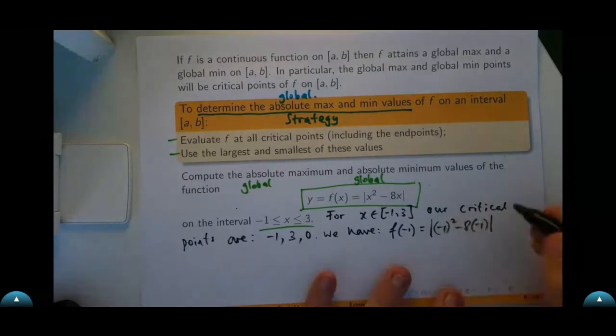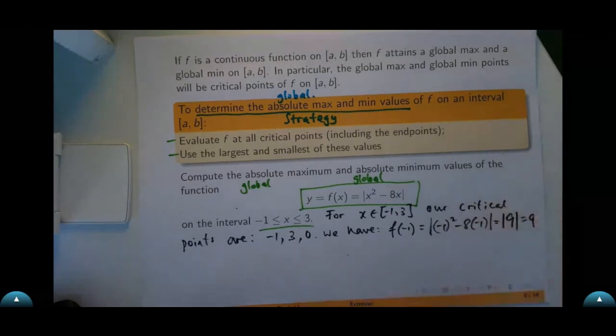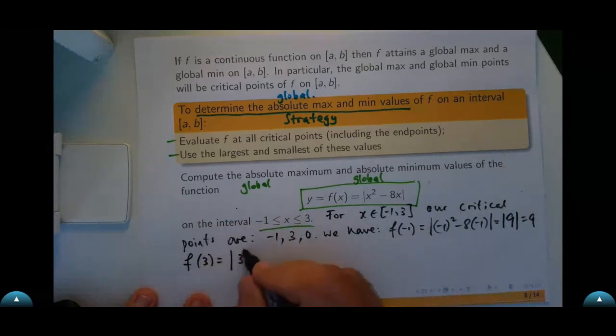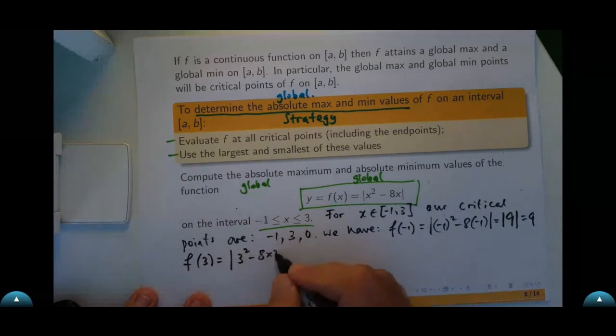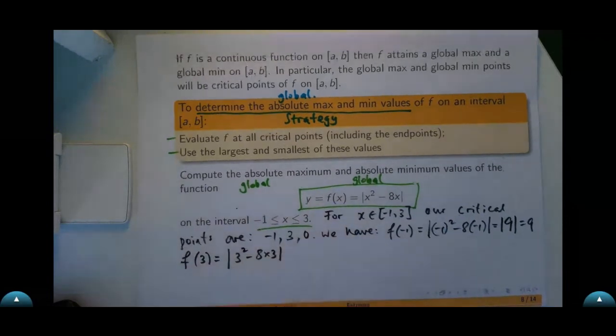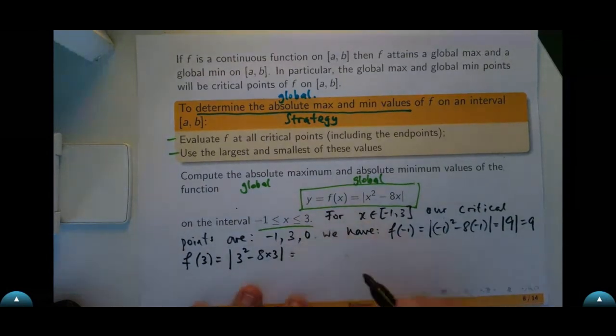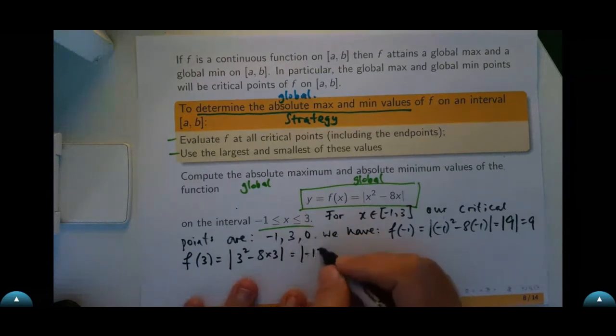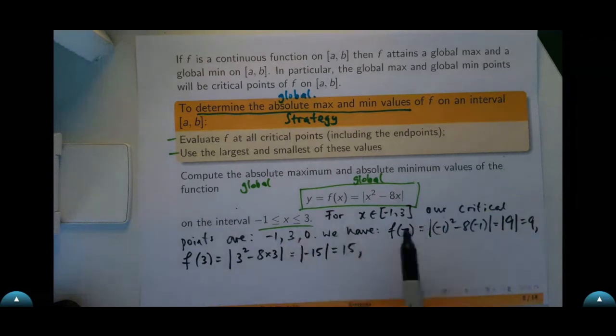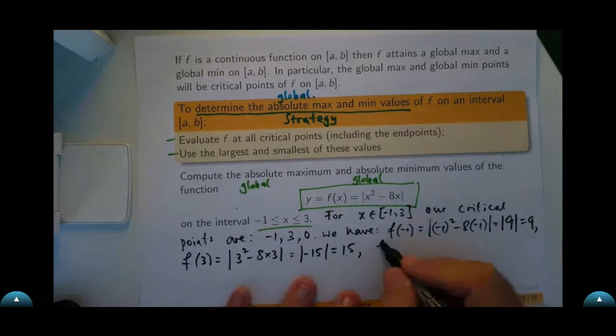So it's going to be 1 plus 8. f of 3. That's going to be 3 squared minus 8 times 3. Yep. So 9 minus 24. So it's going to be -15. And finally, f of 0.